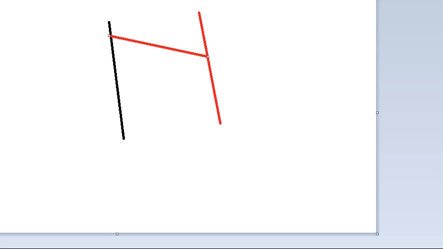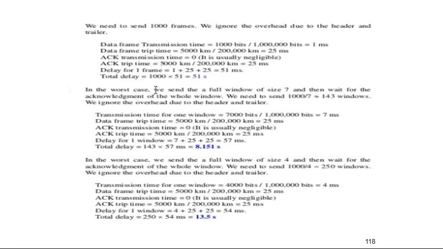Then the receiver will receive the data, and it sends the acknowledgement. So total time would be this much, right? This is transmission time. Here it would be d by s, and this would again be d by s, distance upon speed, propagation time, right? So transmission time, acknowledgement.